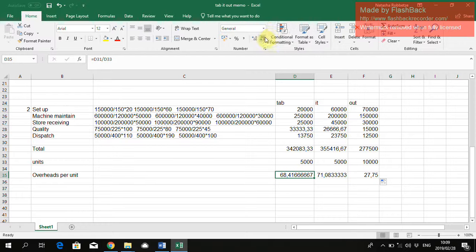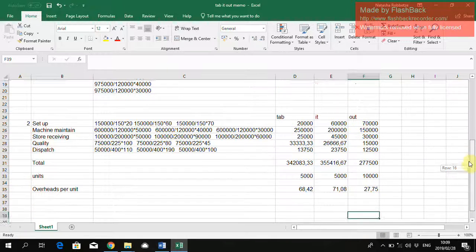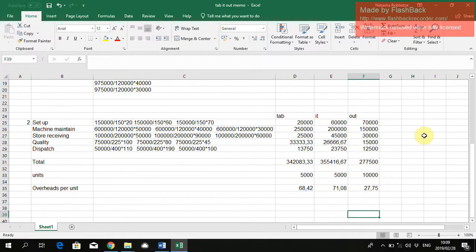Again, I need to mind the rounding because of course we only use 2 decimals for cents. And there we go. You will find that you have then 68.42 for tab, 71.08 for it, and out will be 27 Rand and 75 cents.